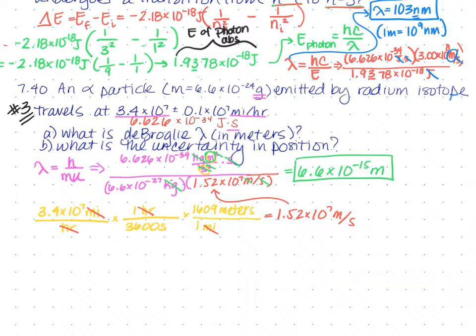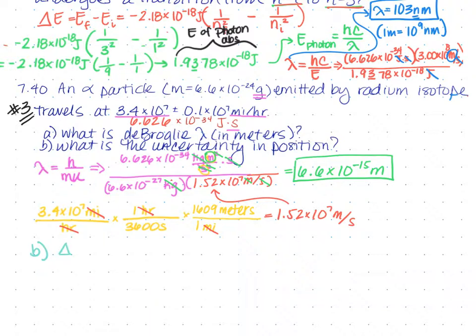Okay, let's look at part B. I like changing my colors. So part B says, what is the uncertainty in position? That brings into discussion the Heisenberg uncertainty principle. So I'm going to write our equation for the Heisenberg uncertainty principle here.